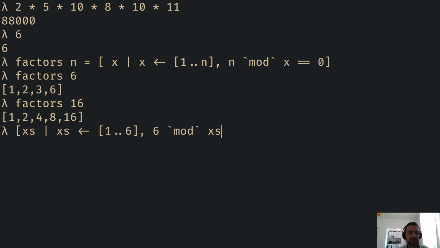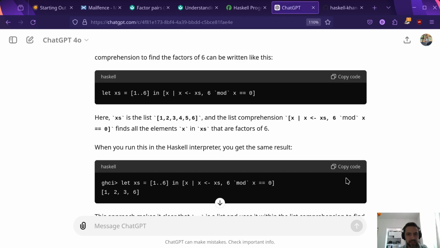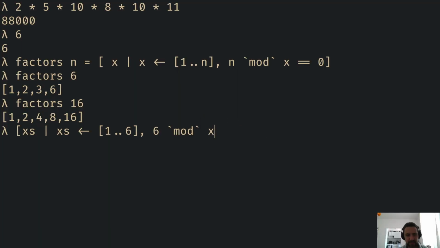X is the element of the x's, which is a list. 6 mod x's is 0. Will this work? Yeah, 1, 2, 3, 6.